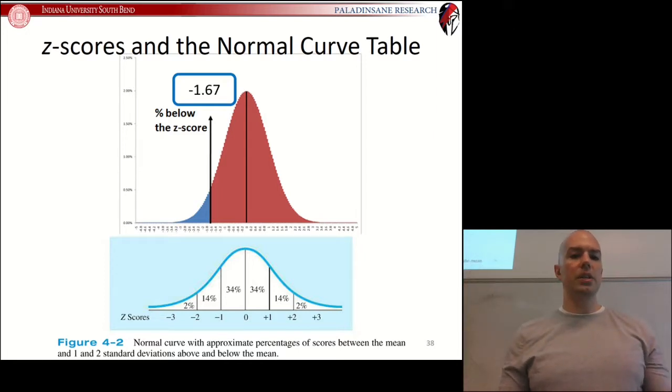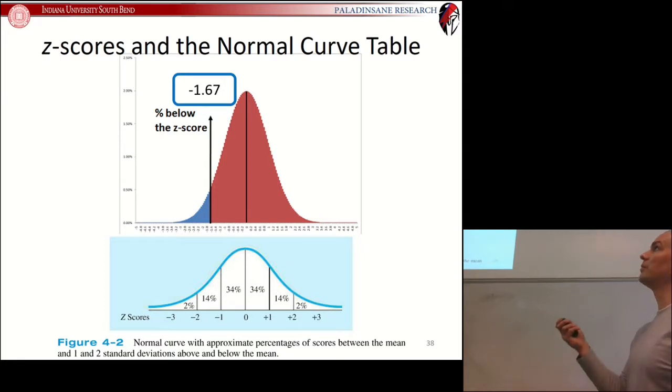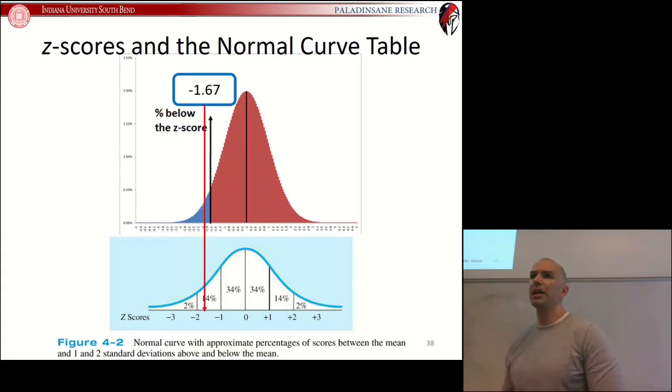So how can we use this to make a rough estimate? Well, we have a z-score of minus 1.67. That is somewhere, we don't need to know exactly where, but that is somewhere between minus 1 and minus 2, right? Somewhere between those two values. So the first thing is we locate, where is it on this estimate figure?